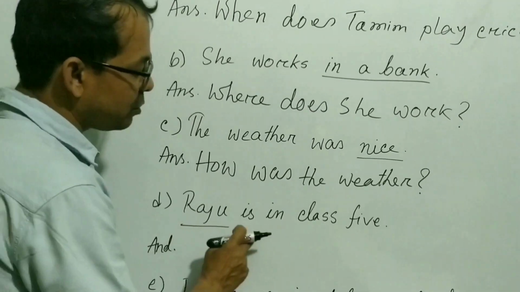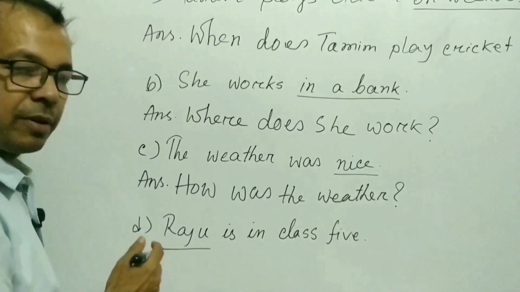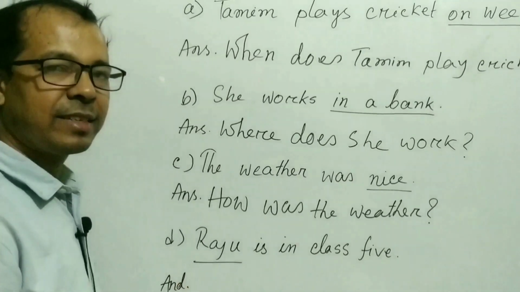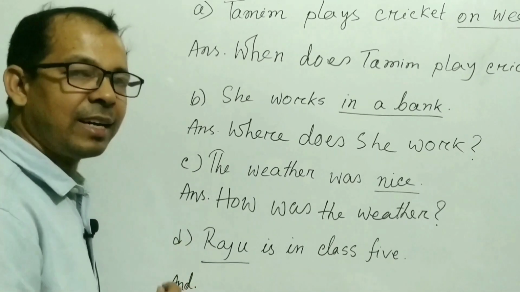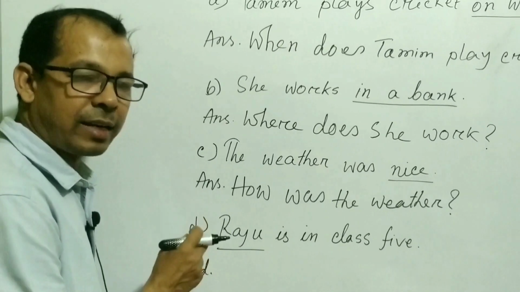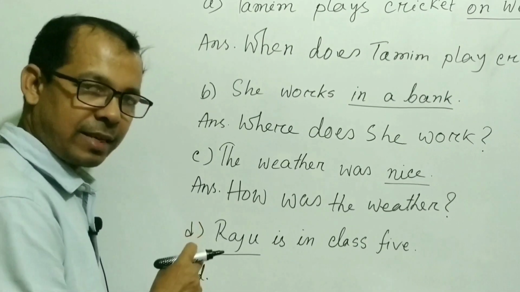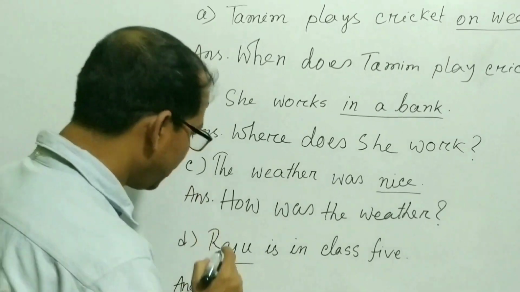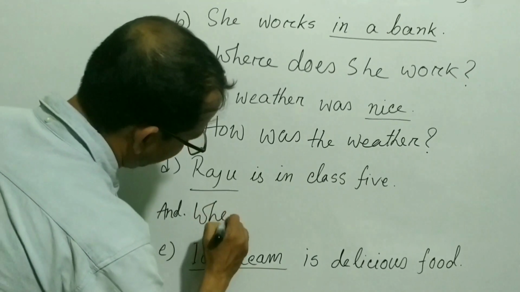Next, Raju is in class 5. So look at the underlined word, Raju. Yes, it indicates a person and it is in the subject. And I've said that if the underlined word is in the subject and it indicates a person, then the WH word will be who. So write who.